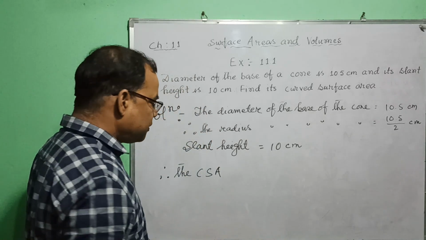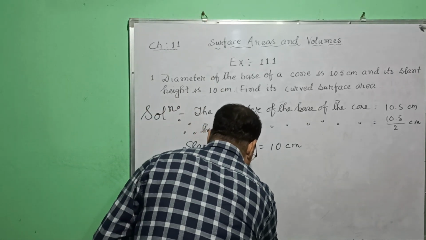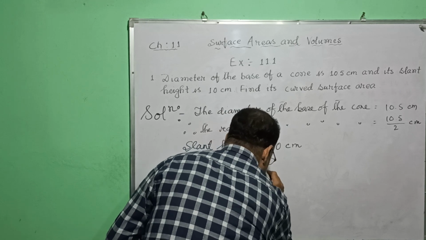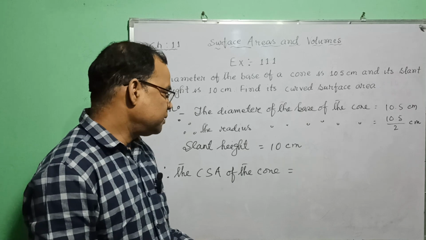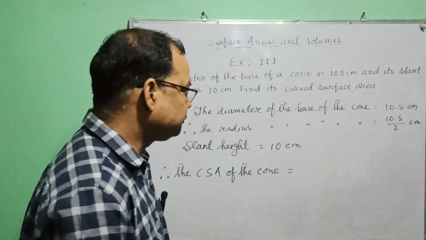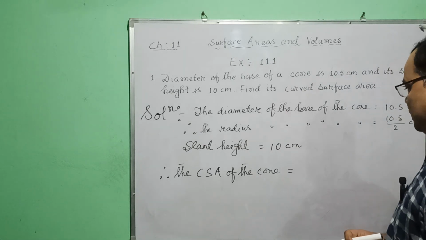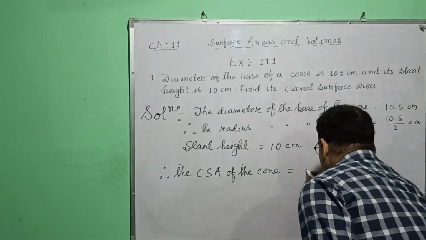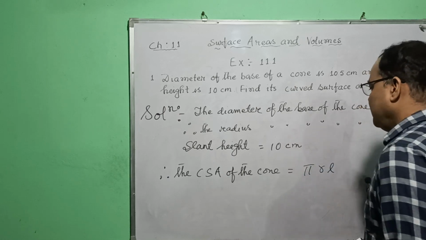You can write in full form. So the curved surface area of the cone equal to, now what is the formula of curved surface area of the cone? It is pi RL. So let me write first pi R into L.